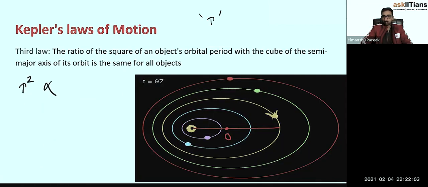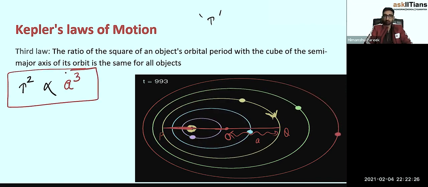So time period squared, this OQ, basically that is A. So this entire PQ is the major axis, right? So do not get confused here. PQ is the major axis and OQ is the semi-major axis, half of the major axis. So time period squared is proportional to the cube of the semi-major axis.